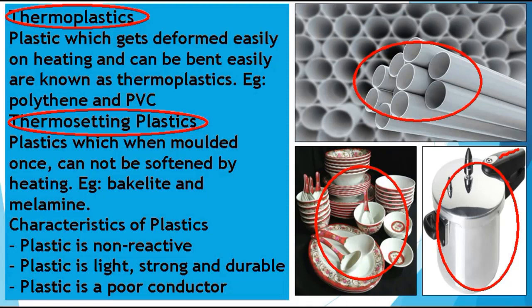So students, we discussed here that plastic can be classified into two categories, that are thermoplastics and thermosetting plastics. And students, as you all know, plastic is generally non-reactive, and it is very light, strong and durable, and it is also a poor conductor of heat. And that's why all these characteristics of plastics make it widely acceptable.